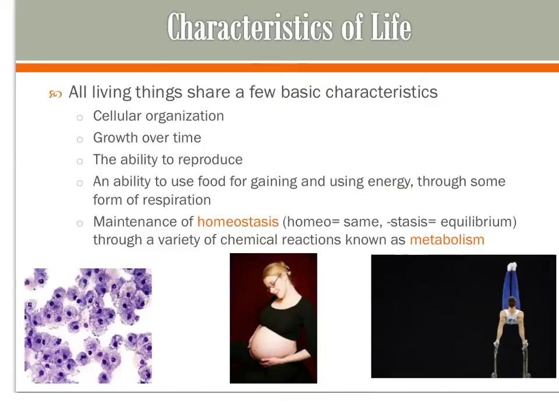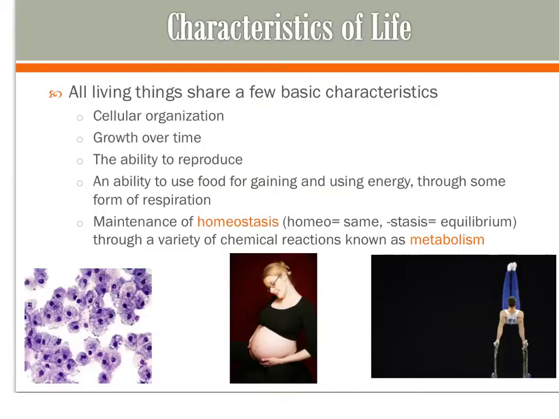It's important to remember what makes something living versus non-living. Dead is a characteristic of having been alive, so living and dead are not opposites of one another in biology. Living and non-living are the opposites. So there are a few things that make something alive. It has to have cells, it has to grow over time, it has to be able to reproduce. That means it can make new versions of itself.